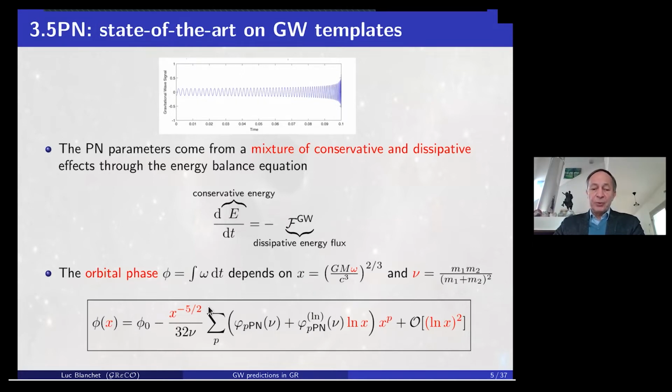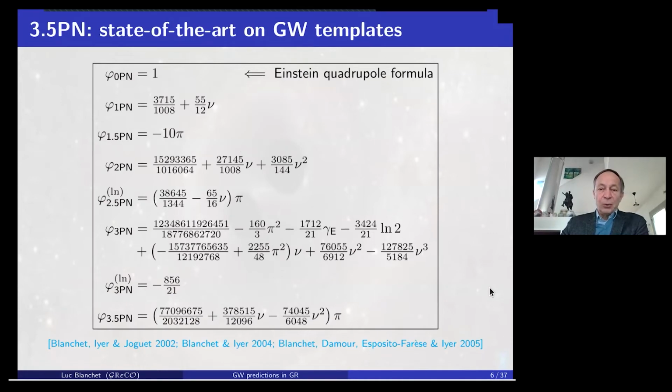The leading order will be the Einstein quadrupole formula, and then there will be many corrections that are powers of the orbital frequency, which itself depends on time, and this is exactly given by that equation, the time dependence of the orbital frequency as well, and it depends also on logarithms of the frequencies that can arise at high approximations. 3.5 PN is known. The leading term is the Einstein quadrupole formula, and then there are many corrections to that.